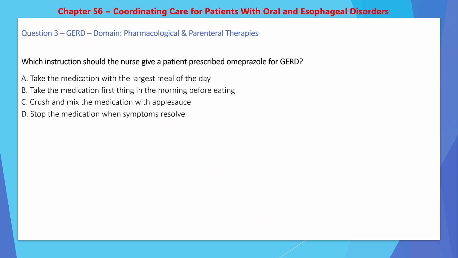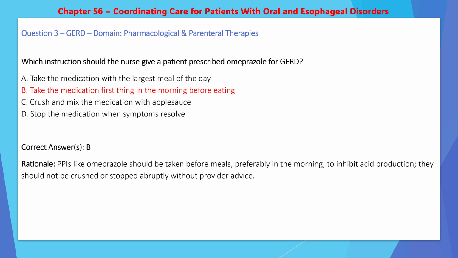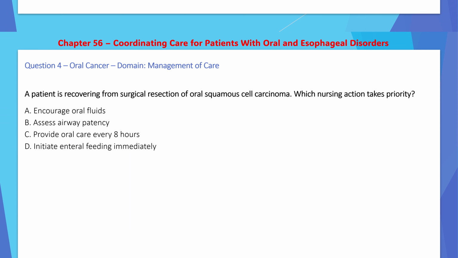Stop the medication when symptoms resolve. Correct answer is take the medication first thing in the morning before eating, because PPIs like omeprazole should be taken before meals, preferably in the morning, to inhibit acid production. They should not be crushed or stopped abruptly without provider advice.